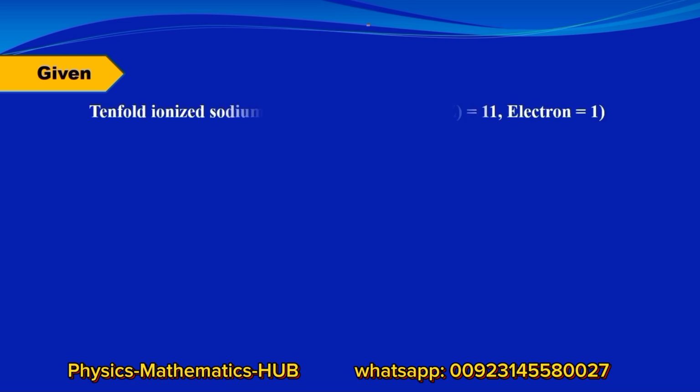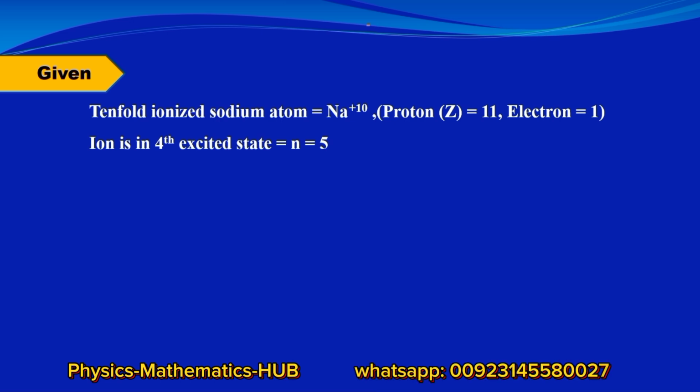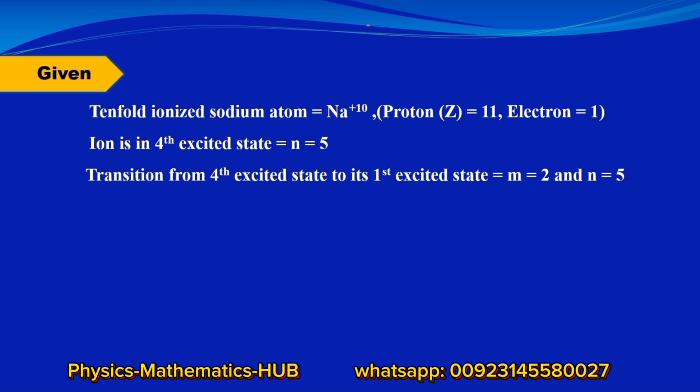We are given that a tenfold ionized sodium atom has Z equal to 11 and electron number equal to 1. The ion is in the fourth excited state, for which n is equal to 5. Transition is from the fourth excited state to the first excited state. For the fourth excited state we put n equal to 5, and for the first excited state we put m equal to 2.